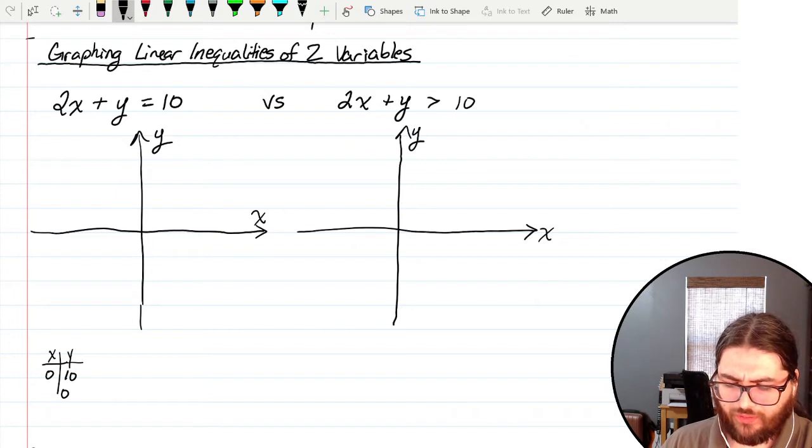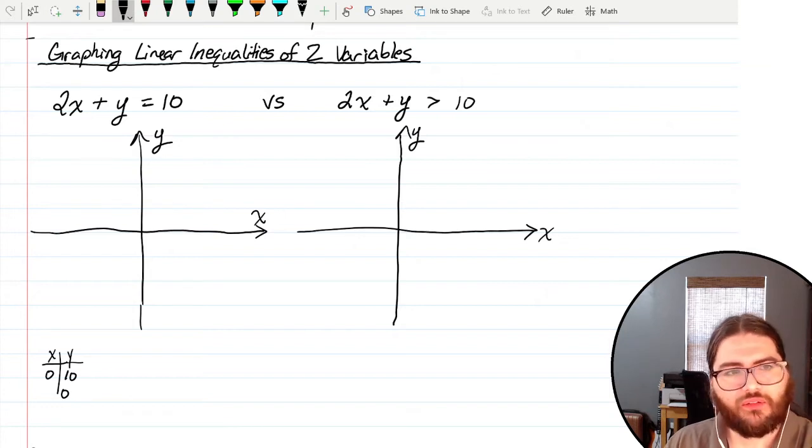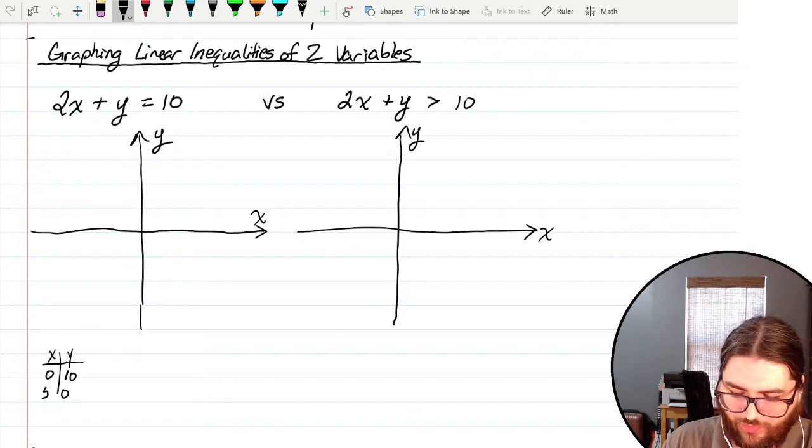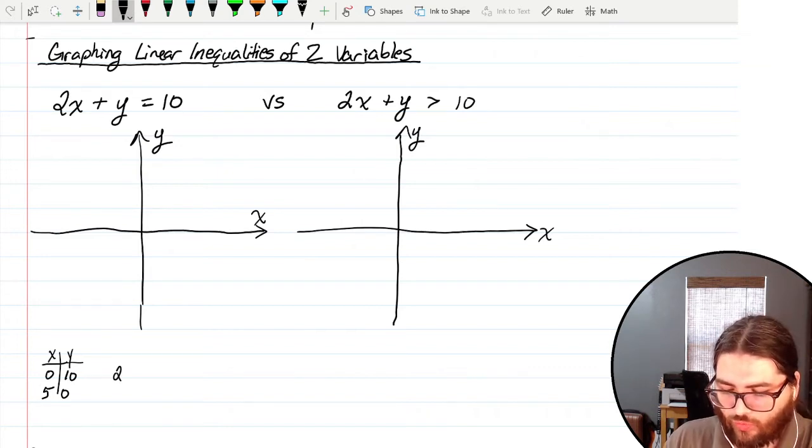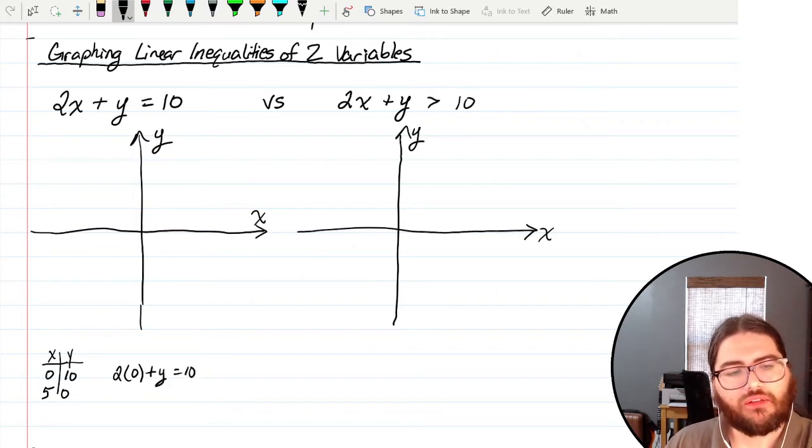And if I plugged in y equals 0, 2 times x plus 0 equals 10, I would divide both sides by 2 and get 5. If that's not a skill that you have fully developed yet, please write that out. Write out 2 times 0 plus y equals 10. Actually solve that.